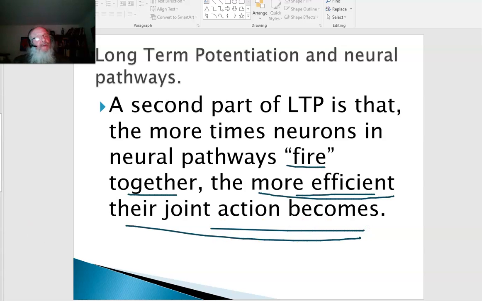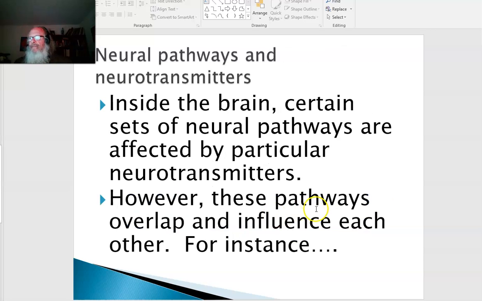So repeated experience, repeated practice, whether we're talking about muscle actions or whether we're talking about verbal information, the more it's practiced, the more easily it happens.